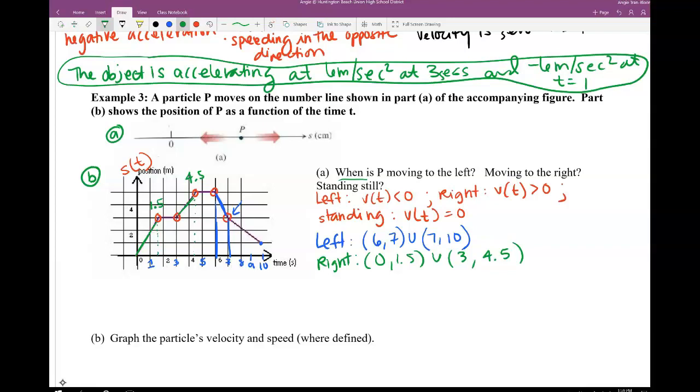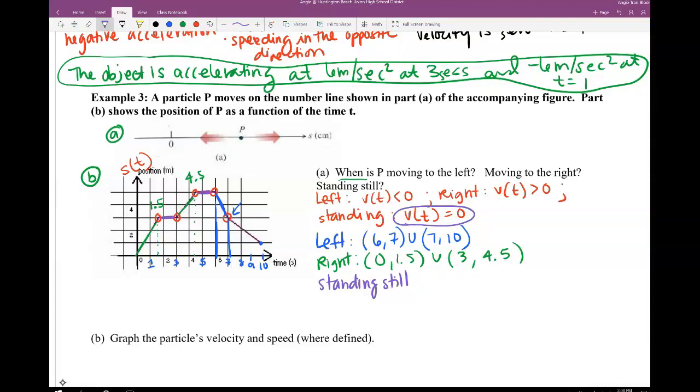Now, when is it standing still? So standing still, let me use a different color. Keep in mind standing still is when the velocity is 0. That means the slope is 0. It's right there. Can you see that? And right there.